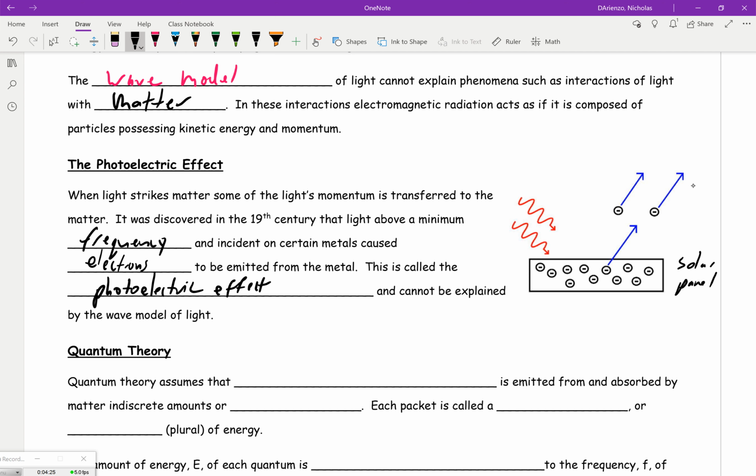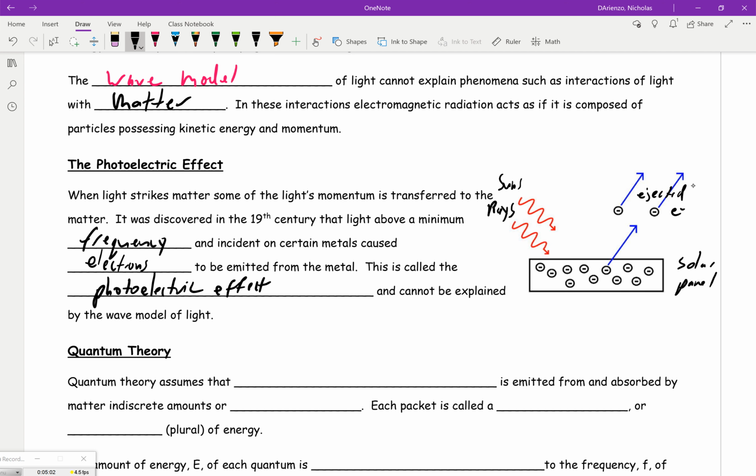With a solar panel, we essentially have incident rays, or sun's rays, that are incident on a solar panel, which is made up of matter, and the matter contains electrons. When that matter absorbs sun's rays of high enough frequency, it causes electrons in this material, in this case the solar panel, to be ejected. So electrons are ejected from the material.